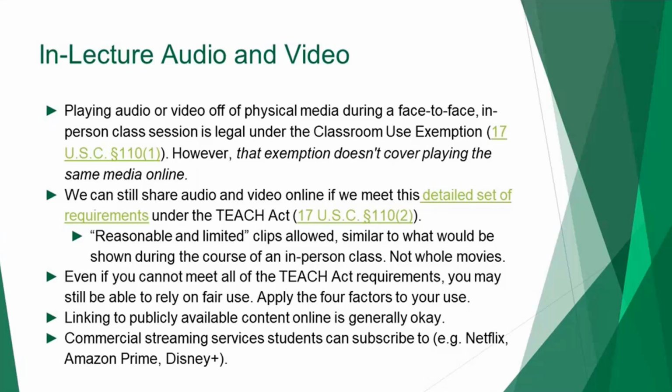So linking to news websites and existing online videos, other publicly available resources, like we've talked about, is normally not a copyright issue. But if that content looks like it's obviously pirated or in violation of copyright, it's best to avoid even linking to it. So if it's, for example, just like a shaky handheld video recording of an entire movie, that's probably not the best thing to link to.